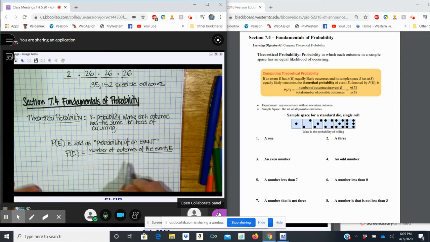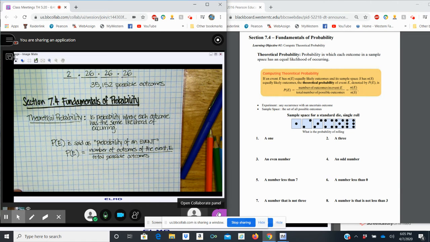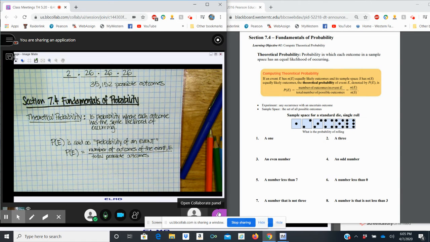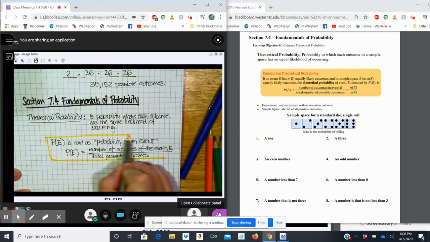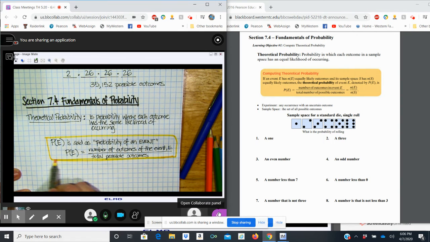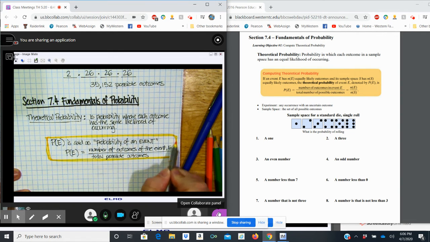So the number of outcomes of the event E over the total possible outcomes. All right. Okay.